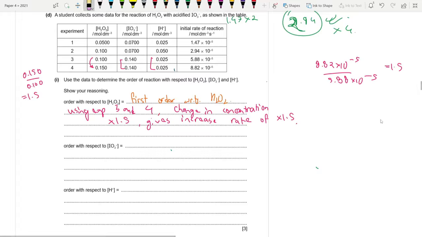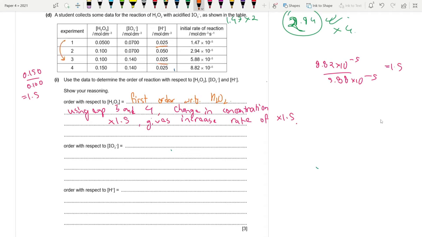IO3 minus, iodate. For this, which one can we use? We can use 1 and 3, right? Let's use 1 and 3. Look what happened. H plus has remained constant.